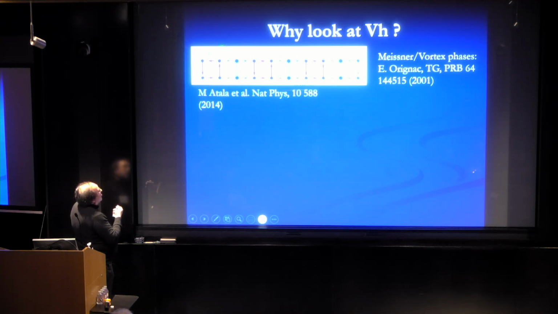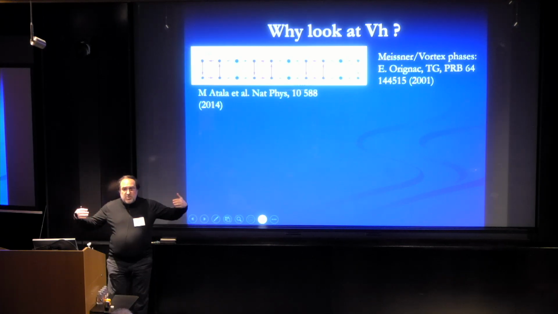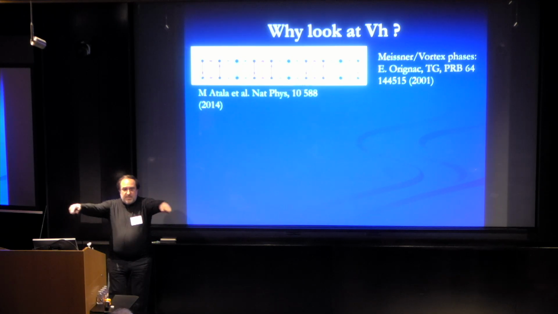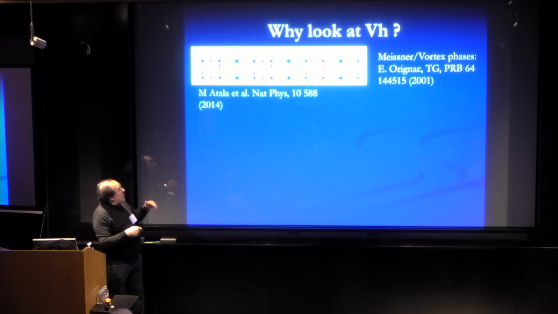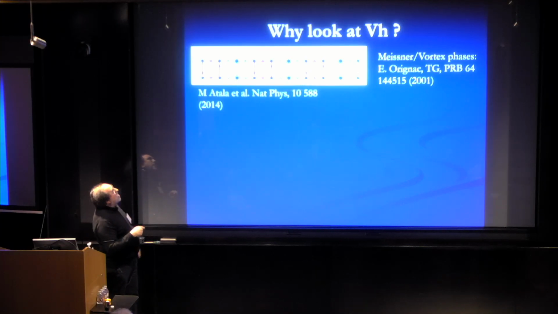If you don't pass a current, just put a magnetic field. At first, when the field is weak, you get currents which are only circulating at the edge. This is like a Meissner phase, where you would have in a type 2 superconductor currents which are only circulating at the periphery. And then when you exceed a certain threshold of field, vortices start to enter.